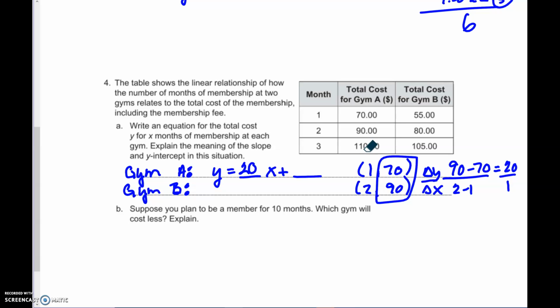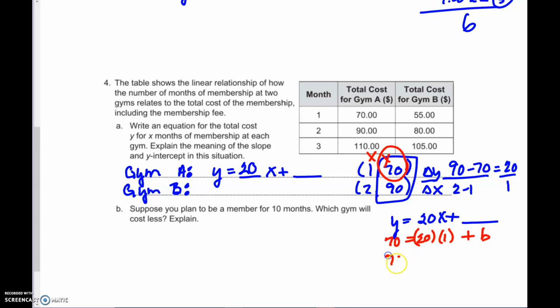So now what is that y-intercept? Well, we can do this 2 different ways. So y equals 20x plus, this is what I need to find out. So remember, this is my x and this is my y. So I can put 70 in place of y, and then in place of x, I'm going to put 1, and I'm solving for b.